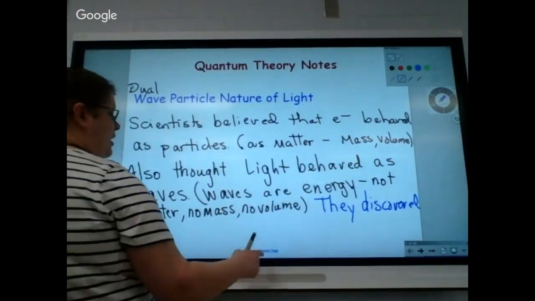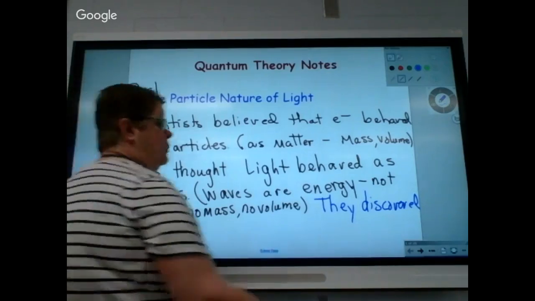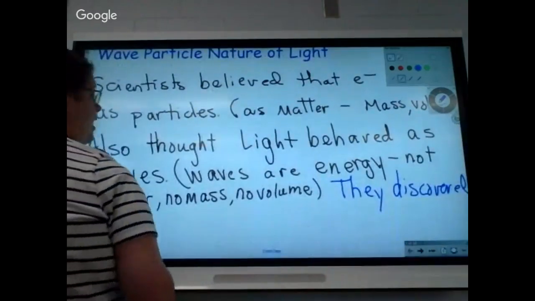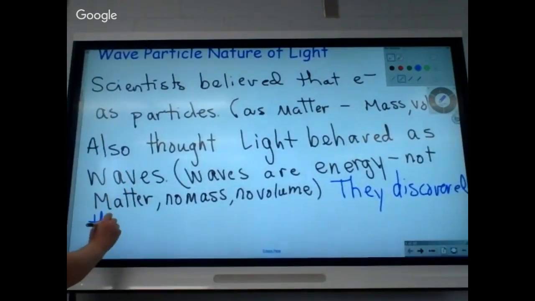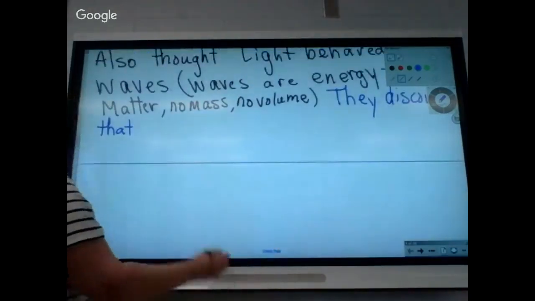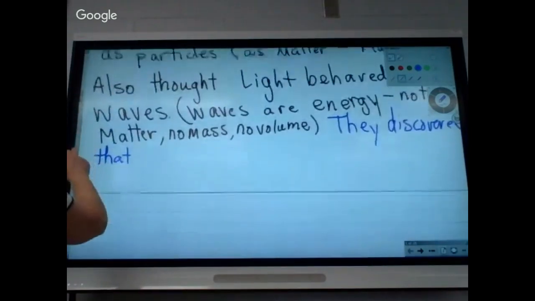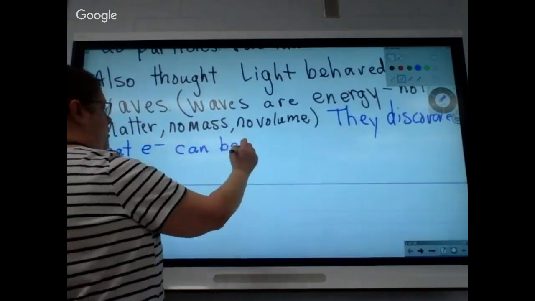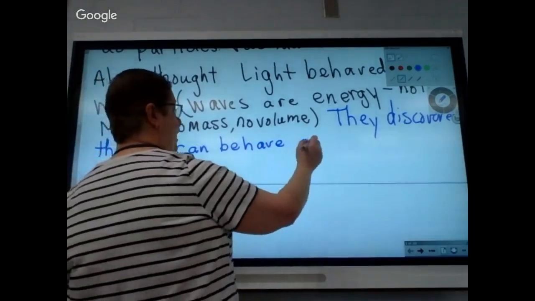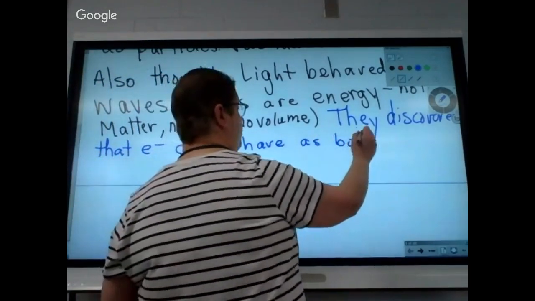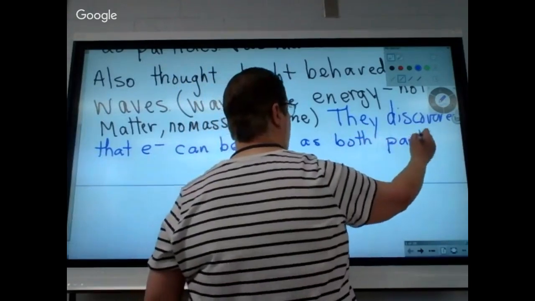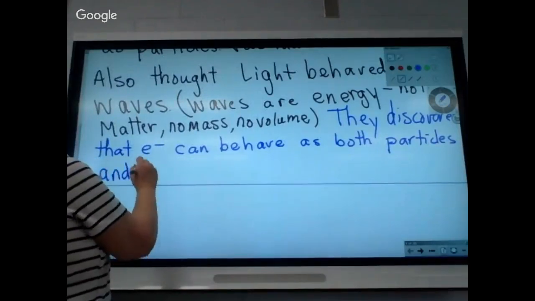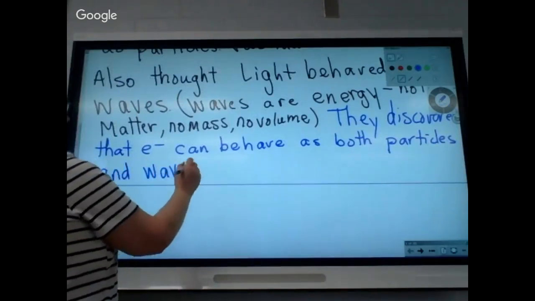All right. They discovered, I'm going to change the setting on this so it's a little larger for Caleb, so I can keep it on the same page. All right. They discovered that electrons can behave as both particles and waves.